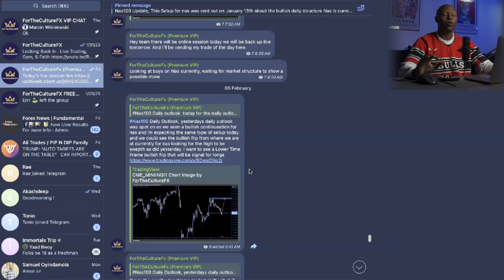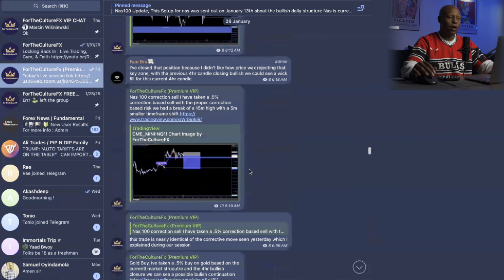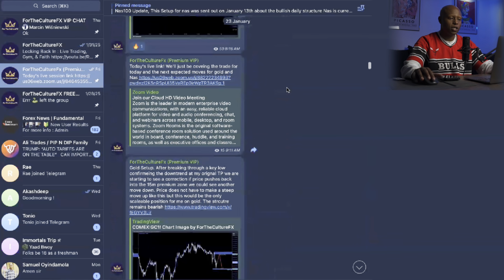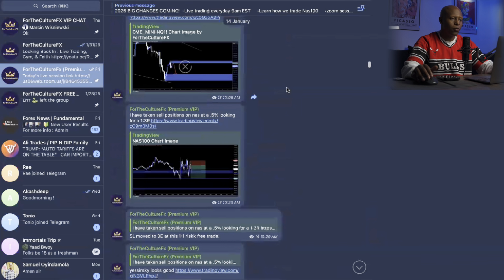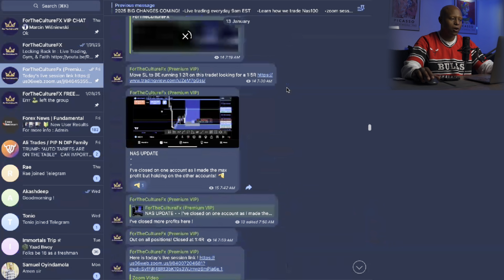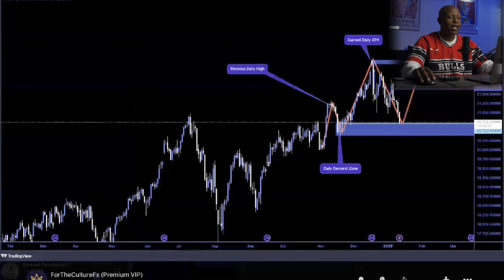Identifying what wave we're in on the larger time frame is why we anticipate price to continue to push up. Now we know based on where we're at in a larger time frame, and if we date back a couple of weeks, we anticipated price to go up all the way since January 13th. If we go all the way back to January 13th, the outlook that was sent that day, you can see that price on the daily time frame is in a bullish market structure.